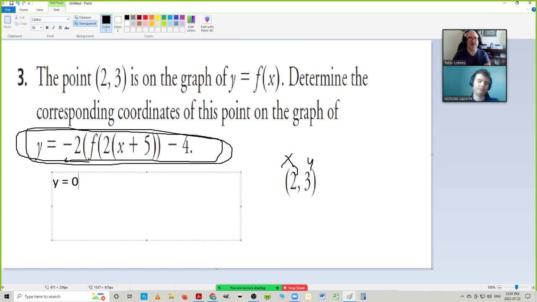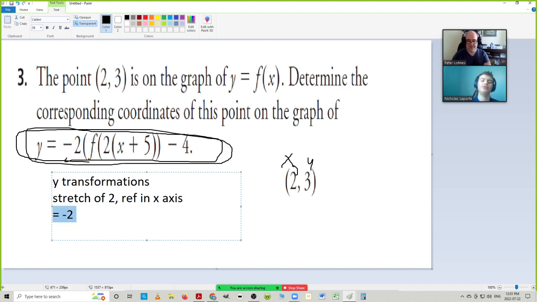-2 is the vertical stretch and reflection in the x-axis. Right, so it is a stretch of 2 and reflection in the x-axis. And what's the -4? It moves down 4 units.